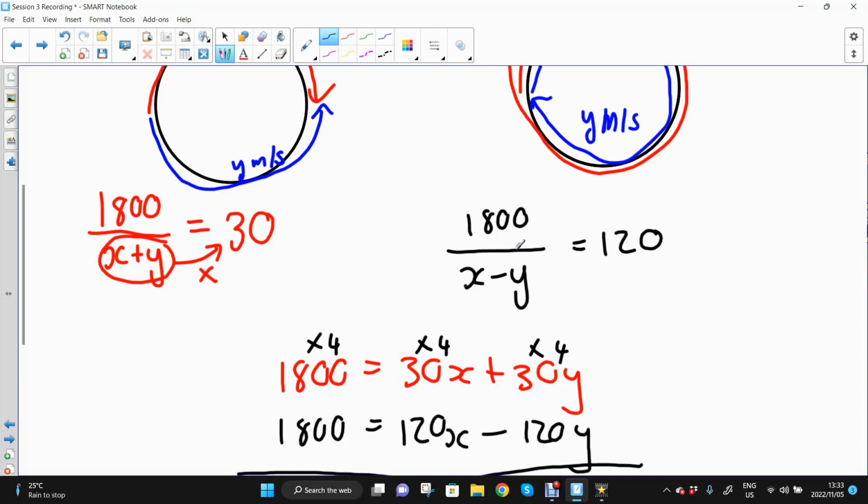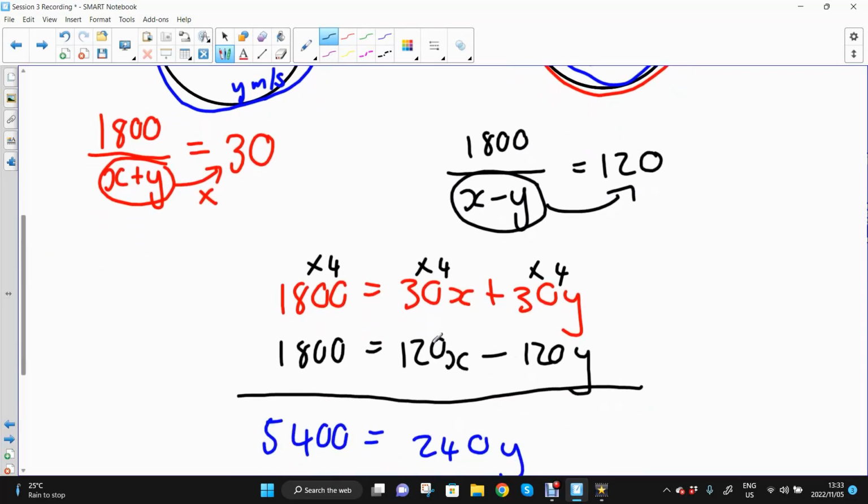I then do exactly the same with the equation on the right hand side here. Again, I'm going to times 120 with x minus y, and I then get 120x minus 120y. And I then line up these two separate equations underneath each other. What I want to try and do is to eliminate one of these variables.